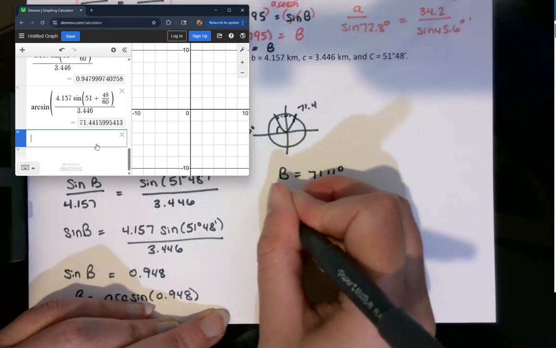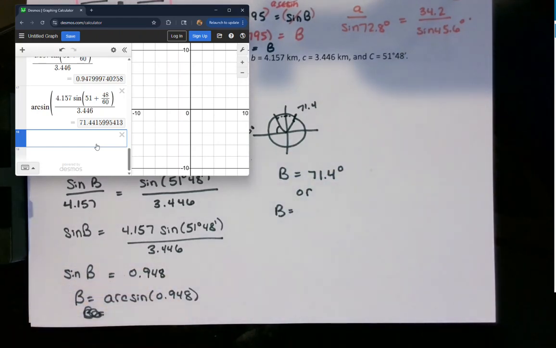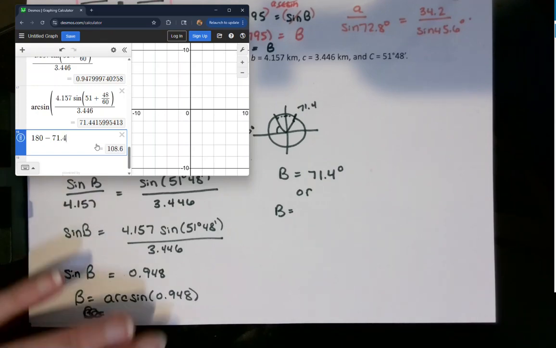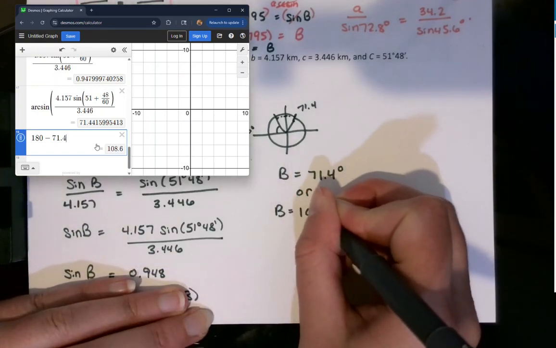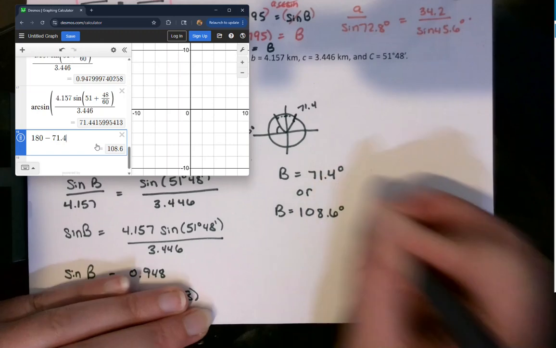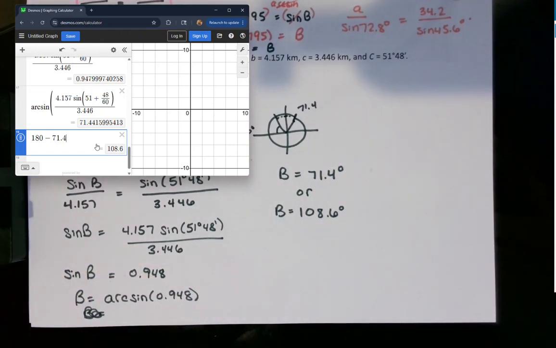So the other possibility would be 180 minus 71.4. So that's 108.6 degrees. So we've got two initial possibilities here for angle B.